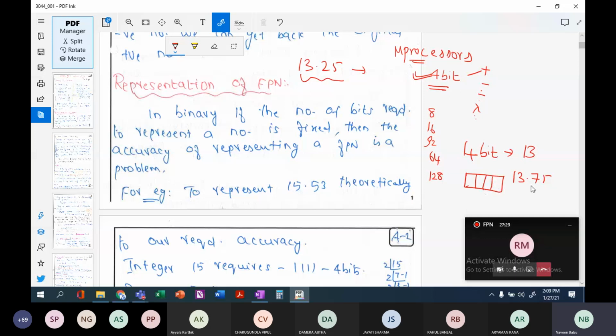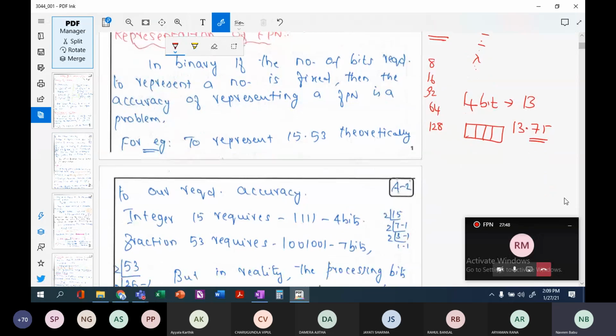Then I have to compromise in order to represent this 0.75. I have to compromise on the accuracy of the data, right? So that is a problem here, and the hardware limitation is a big problem in representing decimal numbers, in fact the floating point numbers.